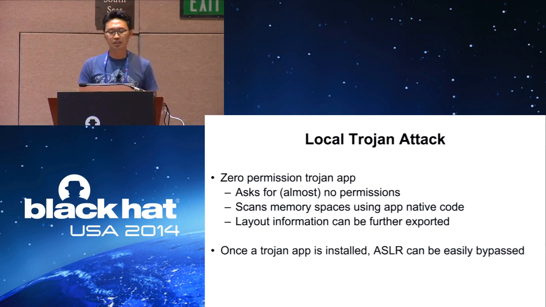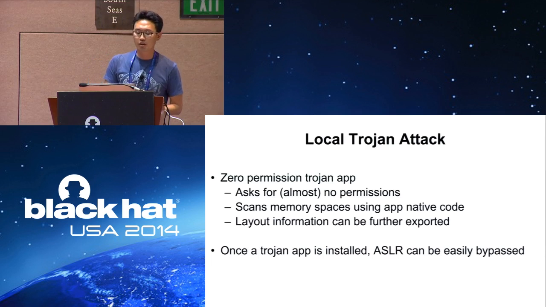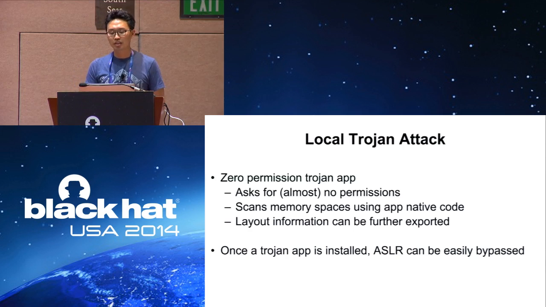The layout information can be exported, for example using some URI intent, to some other application, or if you have network permission, you can send it back to some remote server. Once this Trojan app is installed, ASLR can simply be bypassed because you already have the whole information. And that information is valid until the device is rebooted.